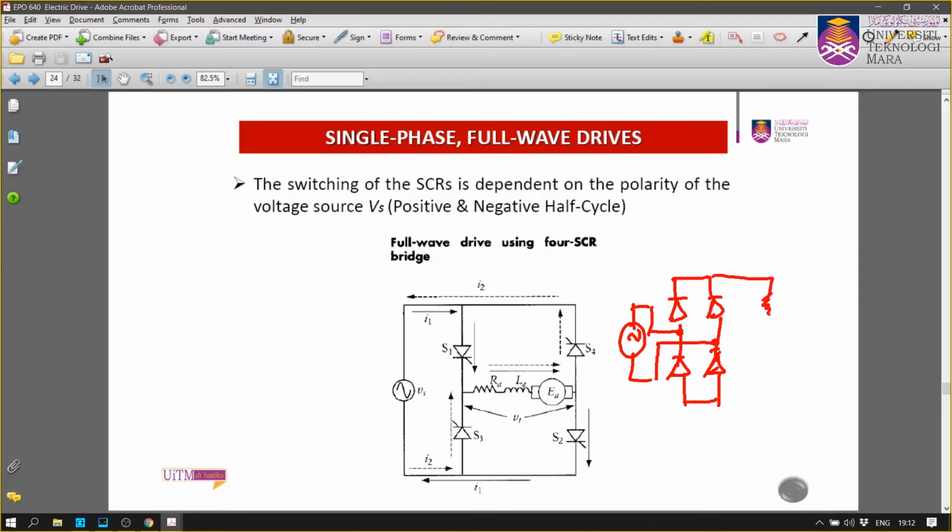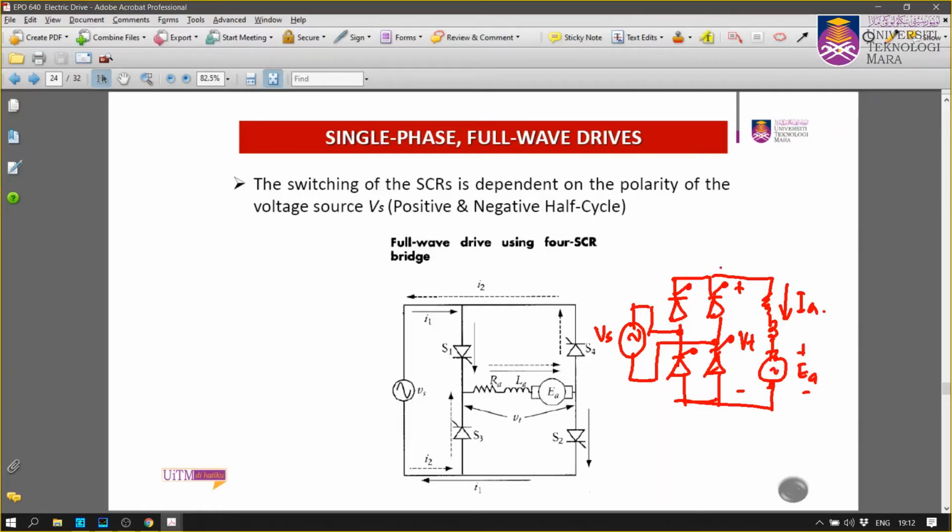RA, LA, okay. So your current flows through here, and these are thyristors, all thyristors. So you can control the turn on, the delay angle, so that you can control the voltage across this. So this is your VT, again your back EMF, EA.